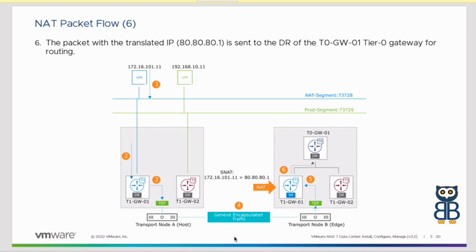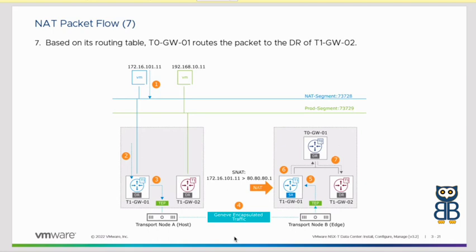So if you look at the overall packet walk, the packet came from transport node A, went to the edge node, got routed here, and then went back to transport node A. Yes, it's creating a routing hairpin bend, but that is the only way, because if you want NATing, SRs would be required, and SRs only run on the edge node. There's no other way.